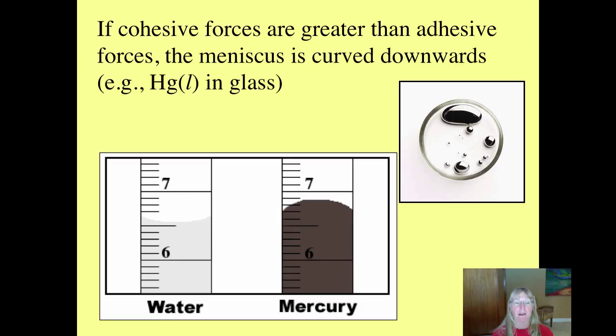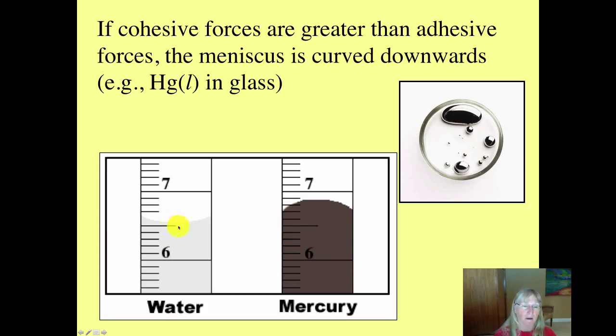But in this example, if you look on the right and the box on the bottom, when we look very closely at a mercury thermometer, now we have this meniscus that's curved sort of downwards. And when we read the temperature on a mercury thermometer, you read it from the top of the meniscus. When you read the volume of water in a graduated cylinder, you read from the bottom.